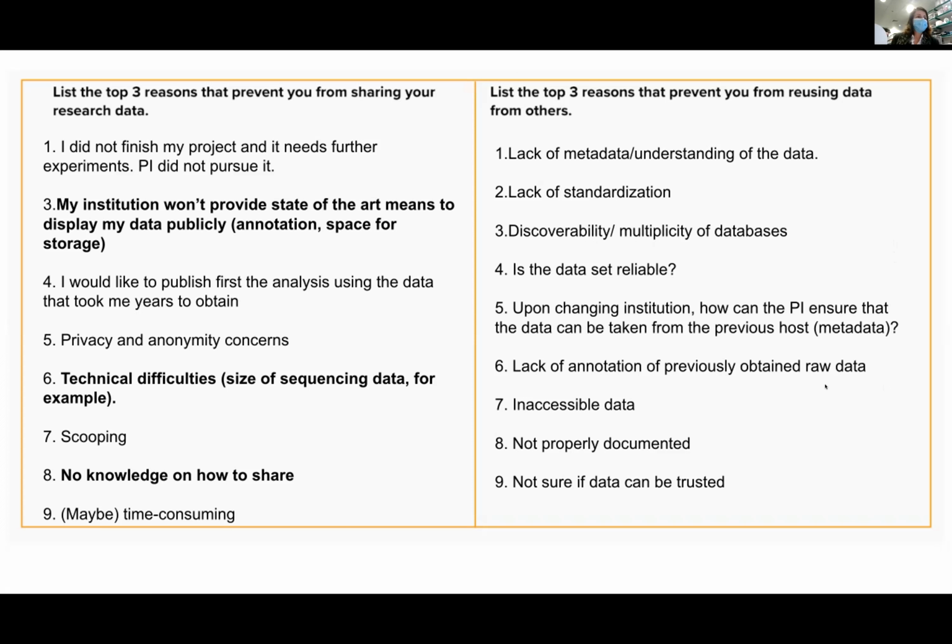Yeah, I think now that you were speaking, I was thinking, well, if I'm sharing my data, it's because I'm pretty confident about it. And if it's well documented, people should be able to reproduce it. Sometimes the problem comes not even if I go to a data bank.